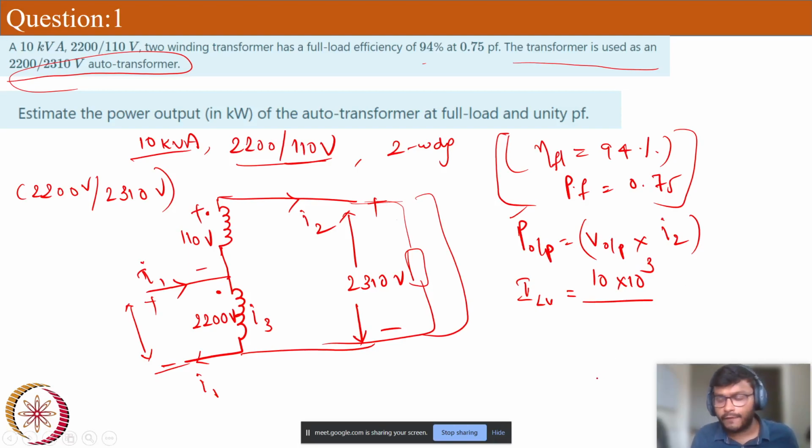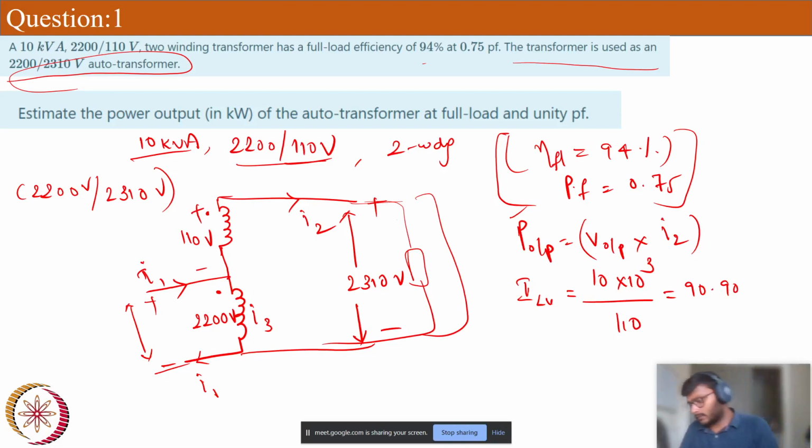Because we know the kVA rating of my transformer, and the current is flowing through the load through my LV winding, I cannot overload my LV winding. So I will calculate the rated current my LV winding can handle. That's my output current. So kVA divided by 110, so 10 by 110, we should get some 90.90.